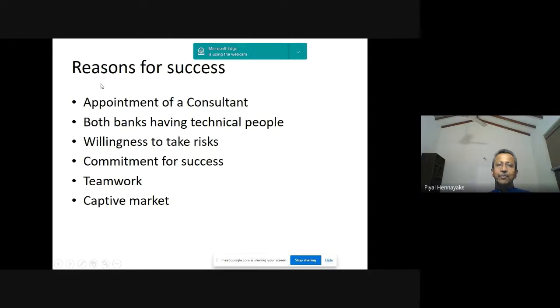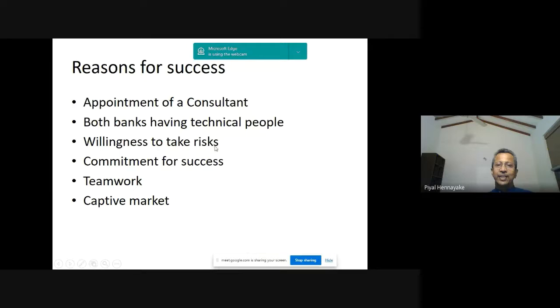Why was this project successful? We got this consultant from CECB, and both banks had technical people. DFCC also has engineers, and after I joined HNB, I recruited some engineers. And the willingness to take risks.